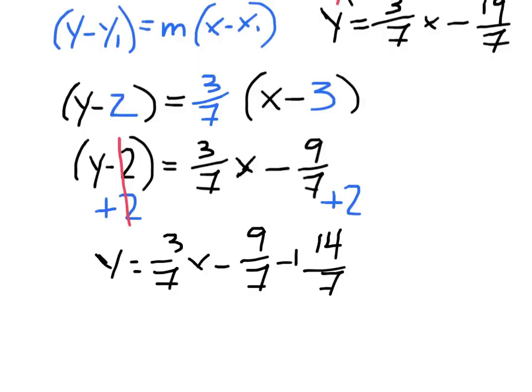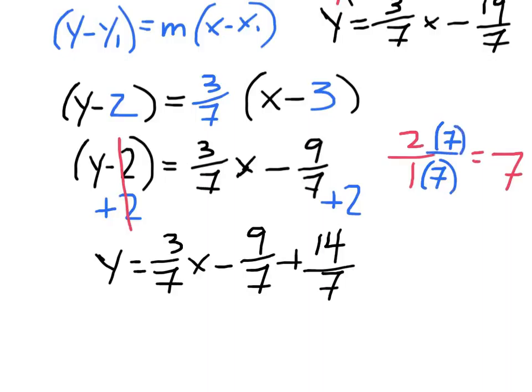If we say that 2 is the same as 2 over 1, and we need that to be a fraction over 7, then we have to multiply this bottom guy by 7, which means we also have to multiply the top by 7. So 7 times 1 gives us a 7 on the bottom, and 7 times 2 gives us the 14 on top.